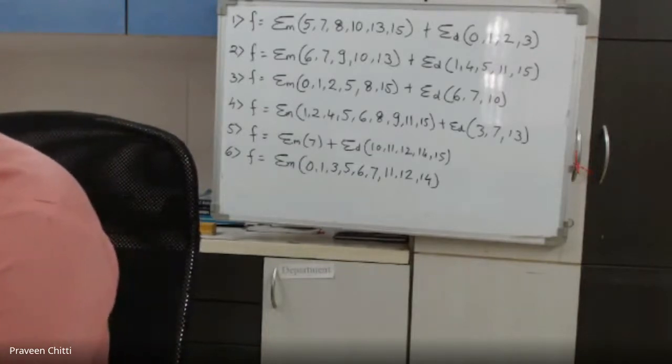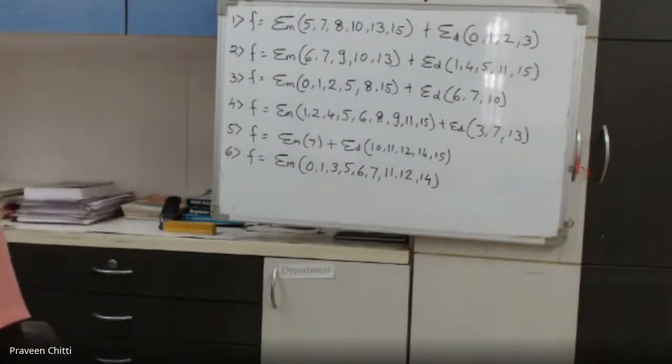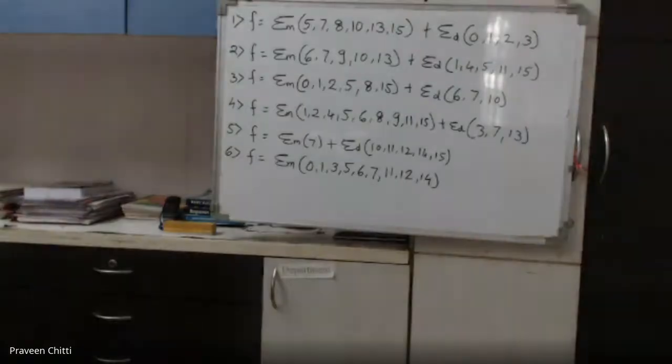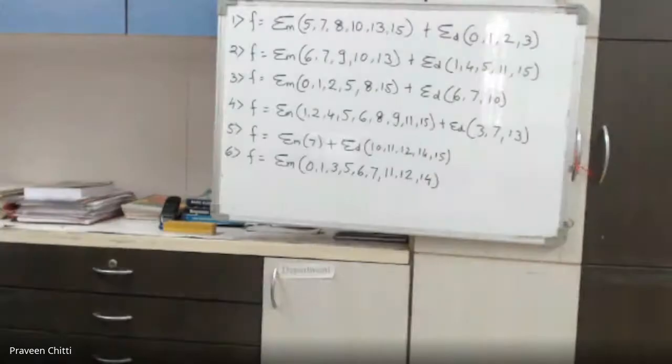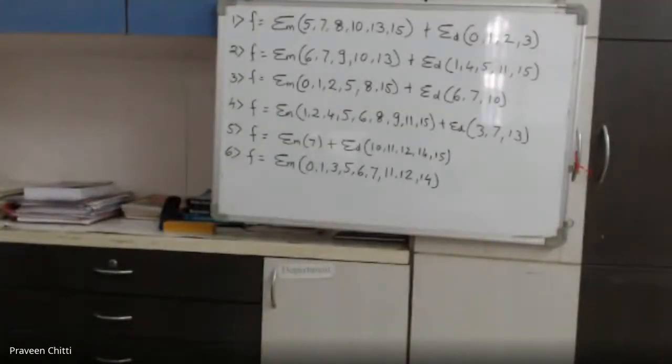Quickly, you take down all these 6 examples. Clearly visible, no? All numbers. Is it visible?